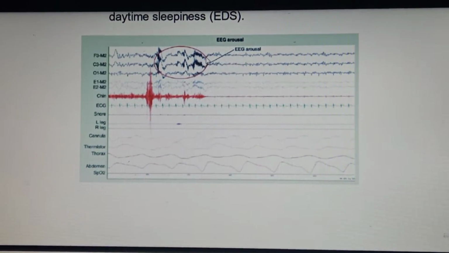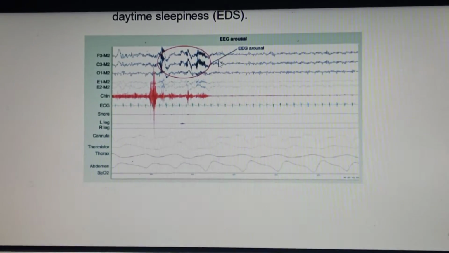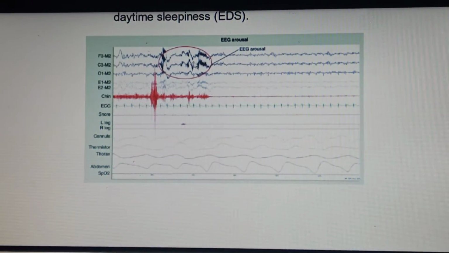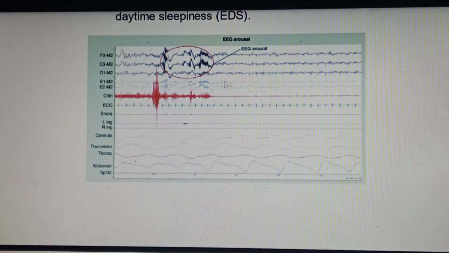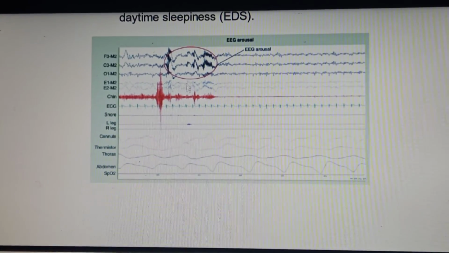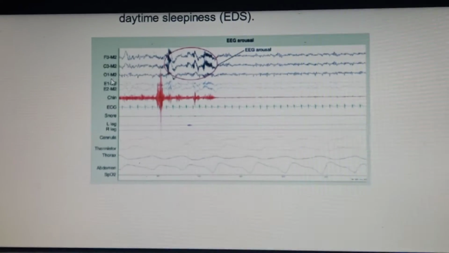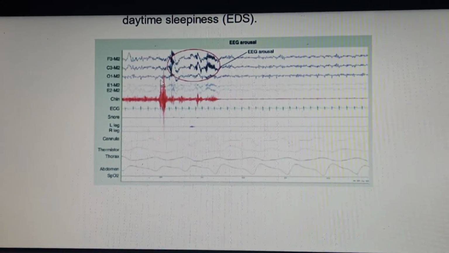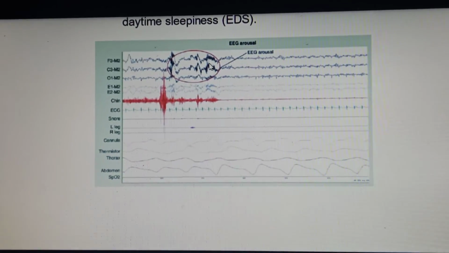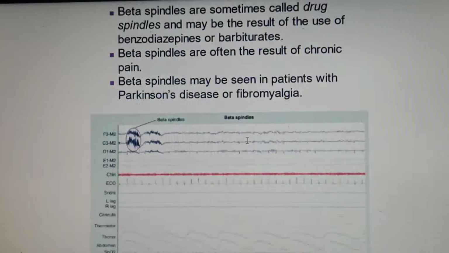So this chunk is actually the EEG arousal. For scoring EEG arousal, the minimum shift of EEG pattern should be 3 seconds. And before this arousal, there should be 10 seconds of sleep to score this pattern as an EEG arousal. So this is an EEG arousal.